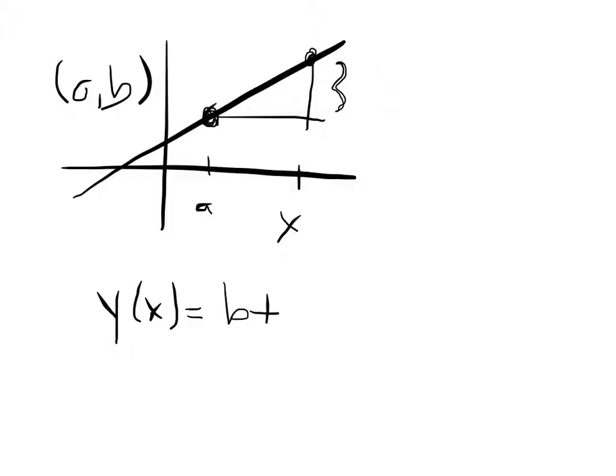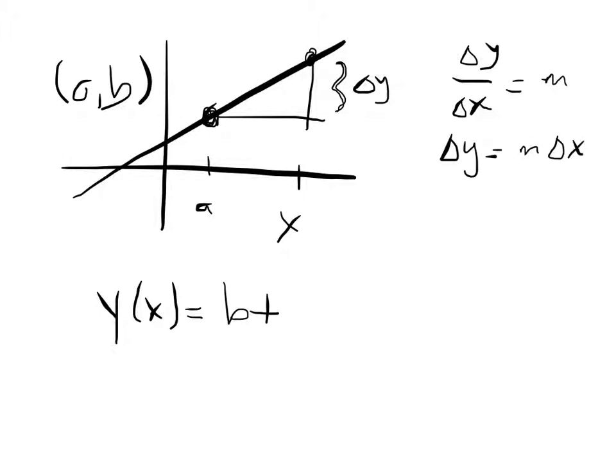Well, another way to look at that amount would be to say that's delta y. We know for a linear function that delta y over delta x equals our slope m. So delta y equals m delta x.